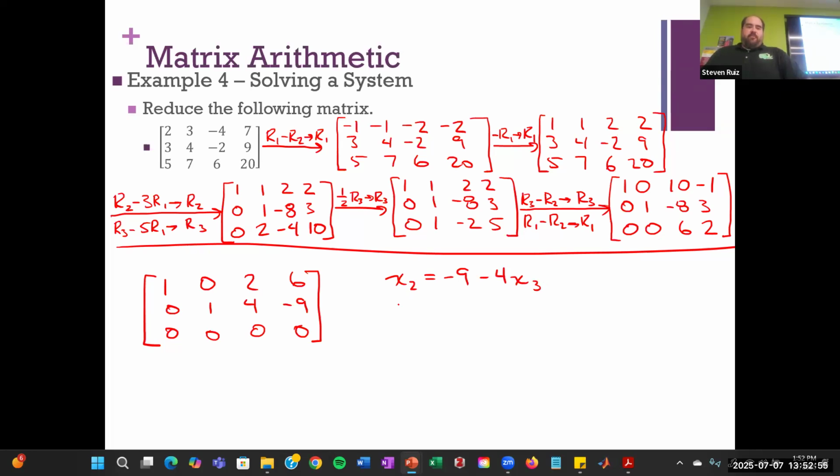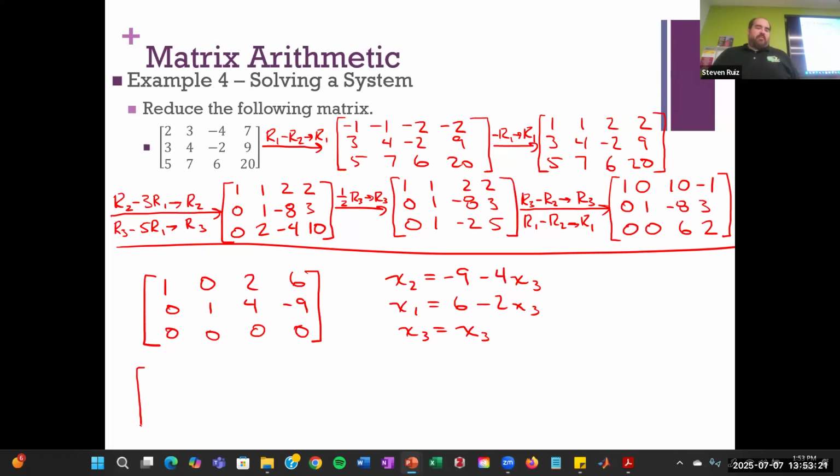X1 equals 6 minus 2x3. And it sounds like x3 is the free variable. This is what we just did, right? This is very compact, but it's a totally legitimate way to give the solutions to that system.